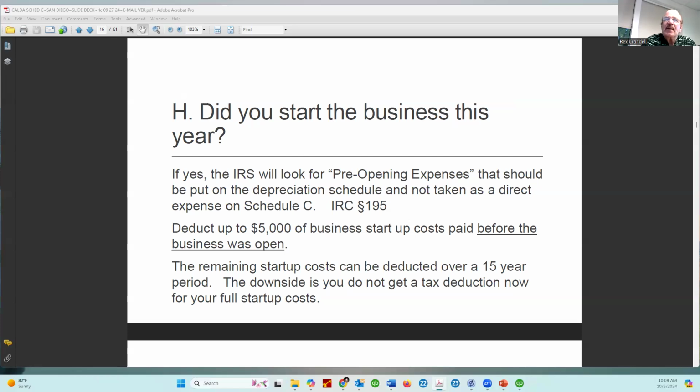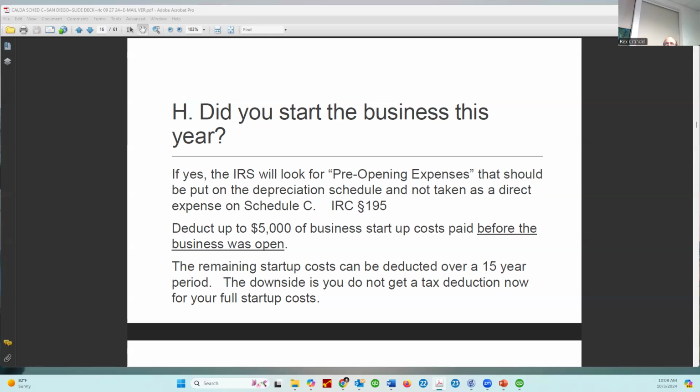What we're talking about is, say you're building out a dog grooming business and you've rented a commercial space and you're going to open it for business November 1, and you've been building out the space, buying signs, putting in plumbing, and then as of November 1st, you're going to open. So all the expenses incurred before November 1 are considered pre-opening expenses. We're not yet in business.